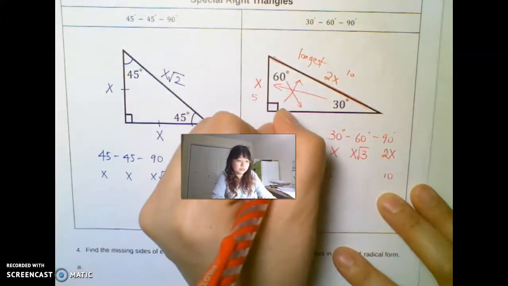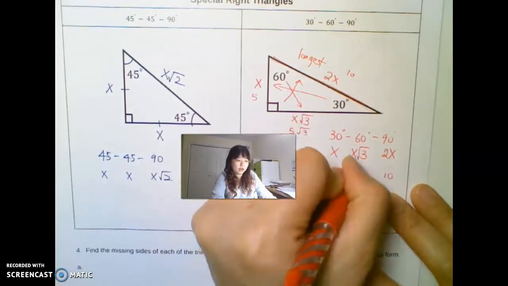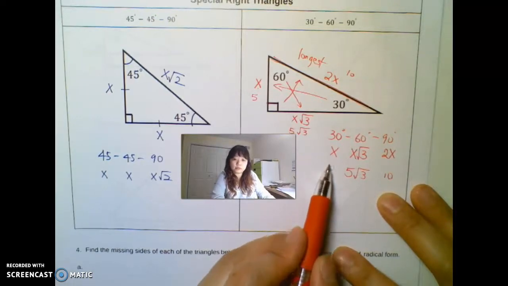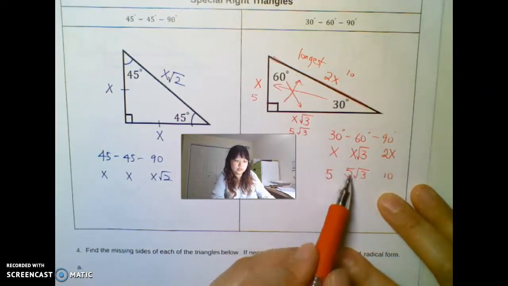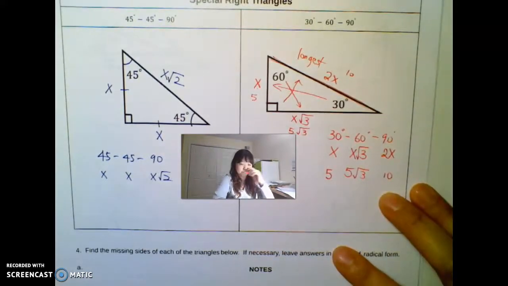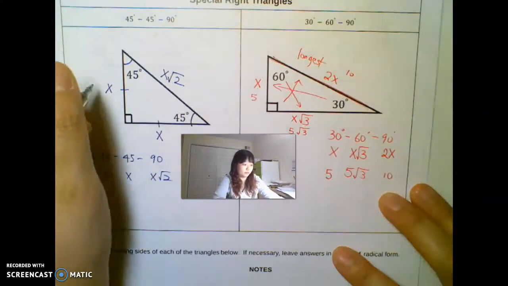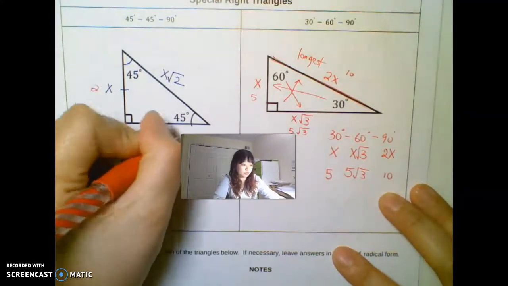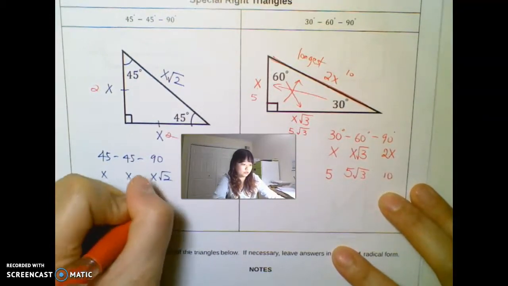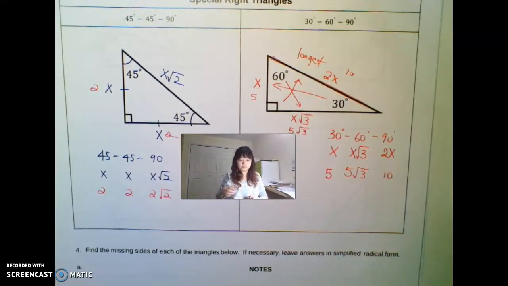And then opposite of 60 is always x root 3, so that would be 5 root 3, if x is 5. Same thing for a 45, 45, 90 special right triangle: if this is 2, then x is 2, and the hypotenuse would be 2 root 2. So that's how we do it.